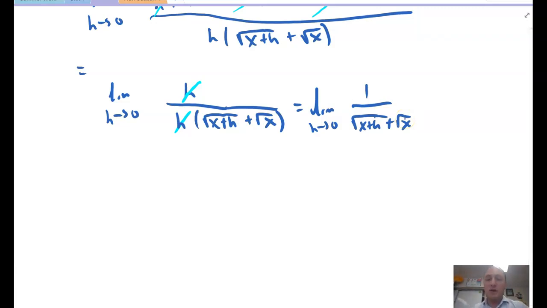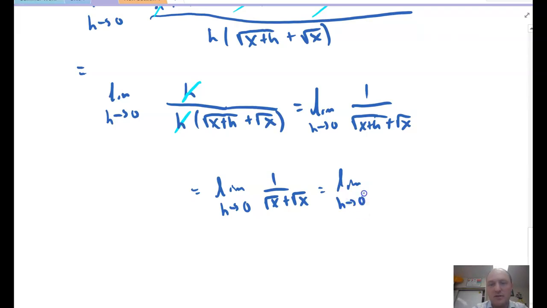So now if I want to evaluate this limit, I can plug in 0 and I get 1 over square root of x plus square root of x, which is 2 square root of x.